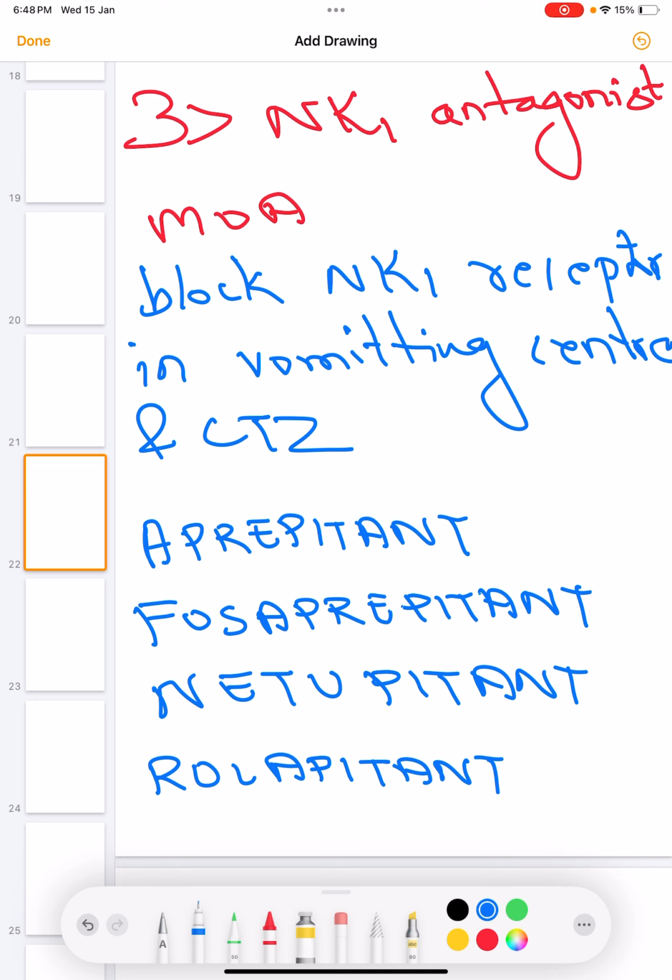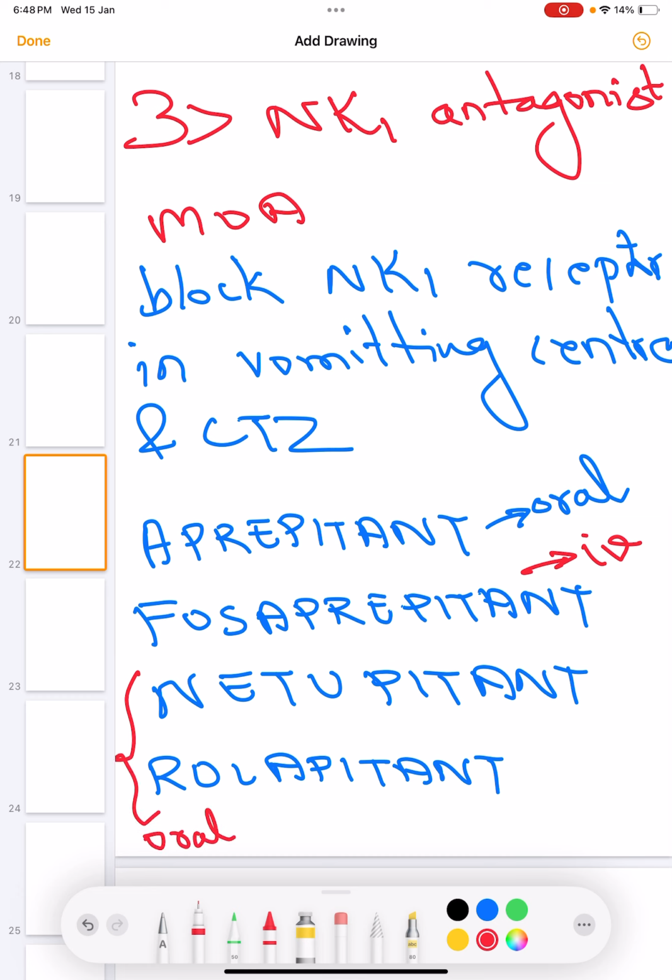Now aprepitant was the first drug discovered among this class, which is an oral drug. Fosaprepitant is an IV formulation of aprepitant. This is an IV drug. Netupitant and rolapitant are oral drugs.